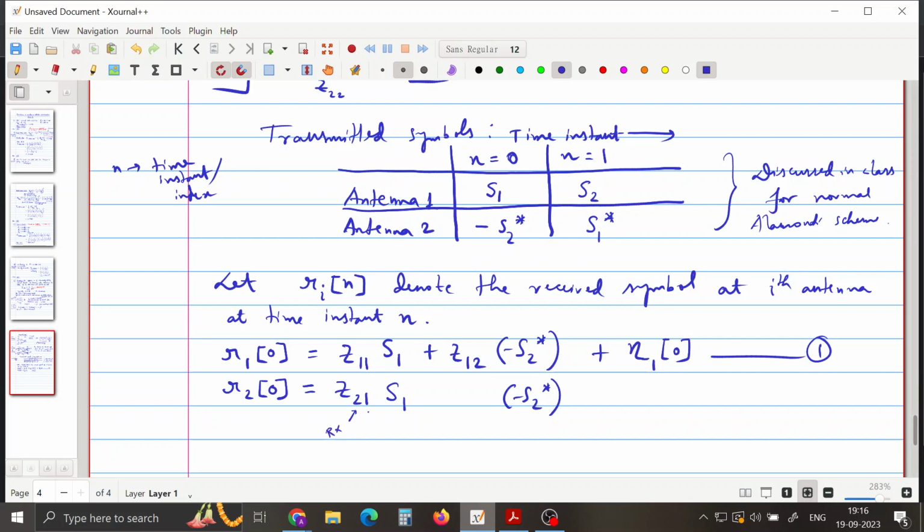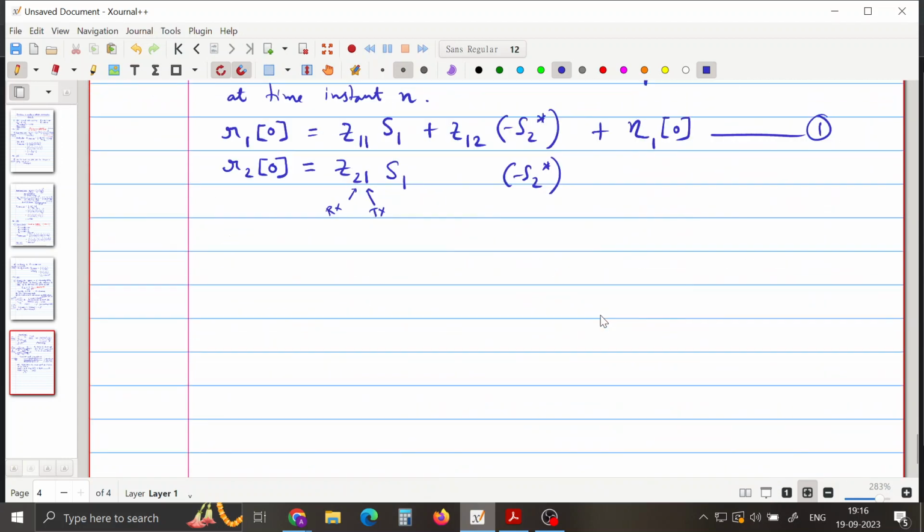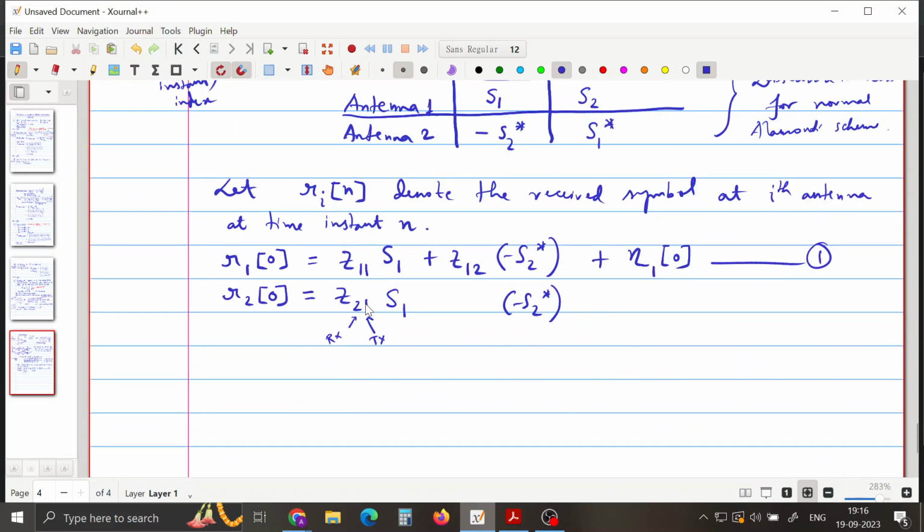That's the notation I initially wrote: Z_ij, where i is receive, j is transmit.